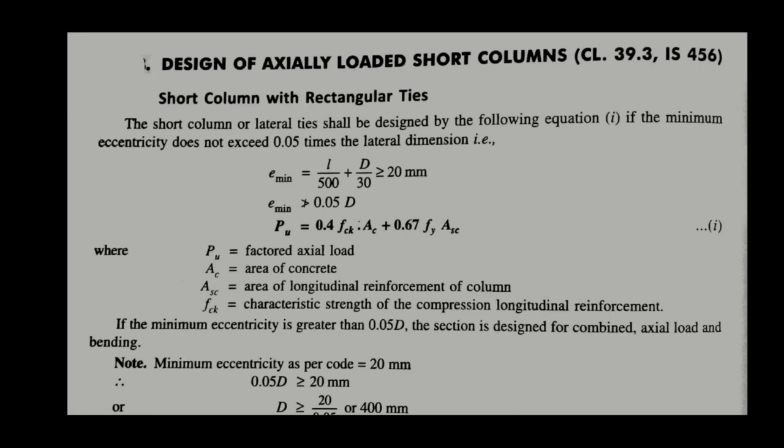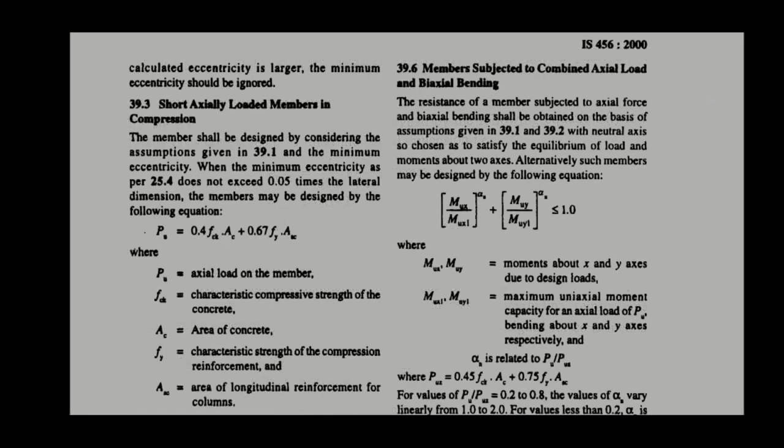Okay. Let's check out IS 456 2000. Clause number 39.3 of IS 456 2000 for short axially loaded members in compression.